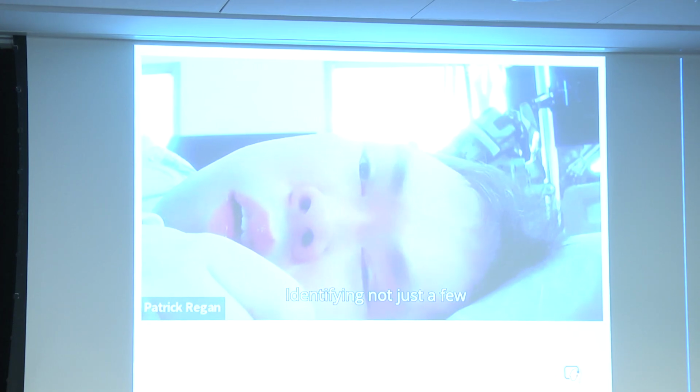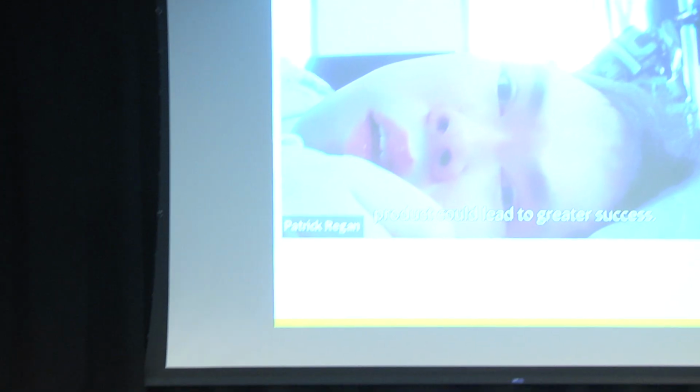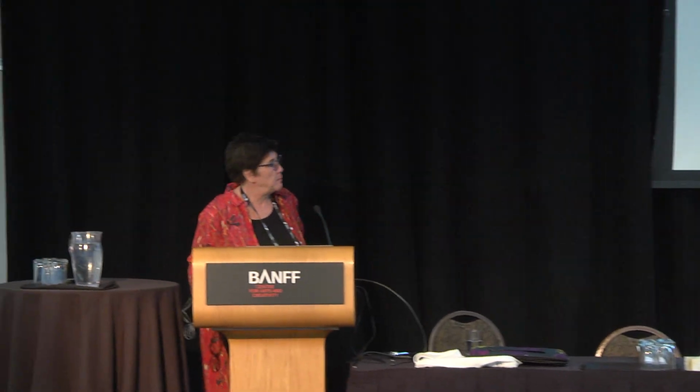Identifying not just a few groups that could benefit, but all groups that might benefit from the product could lead to greater success. As technology improves and becomes more sophisticated, there are more possibilities for improving access to speech for people who experience speech disabilities.